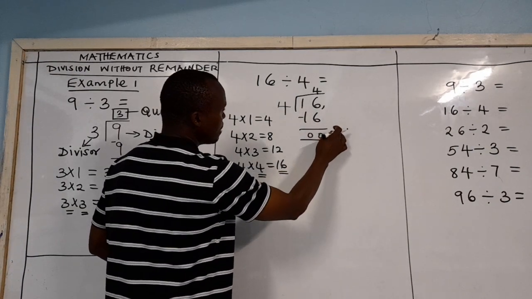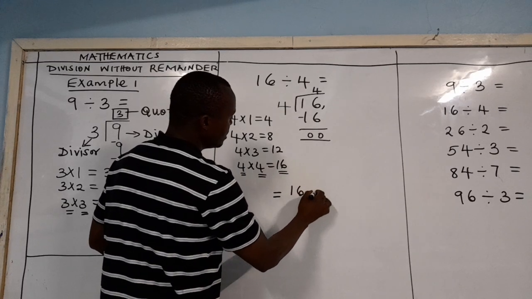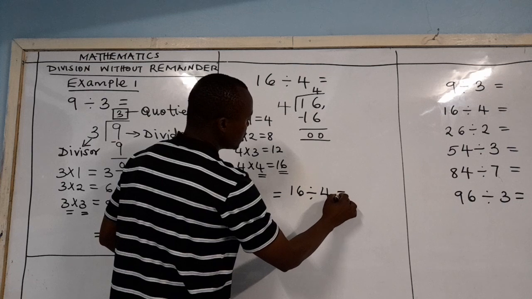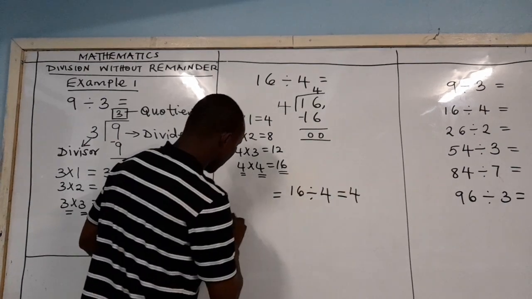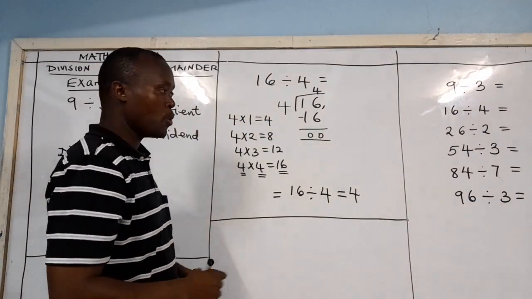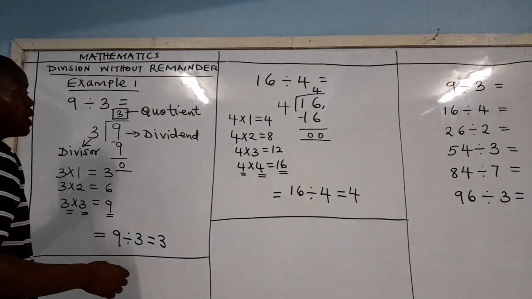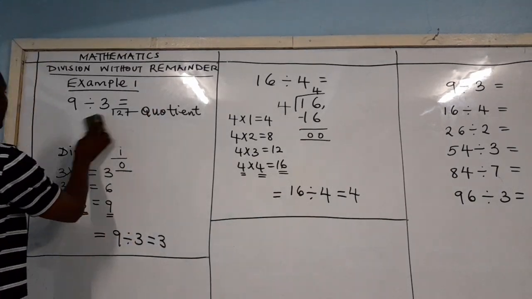Remember, there's no number to drop down, so our answer will be 16 divided by 4, which is equivalent to 4, which is our quotient. Very good.